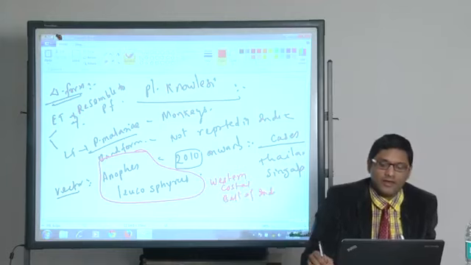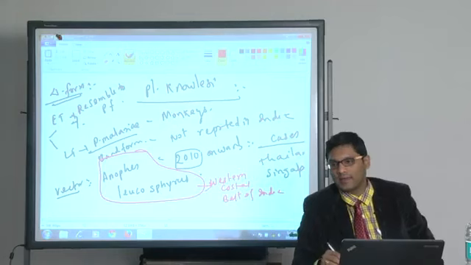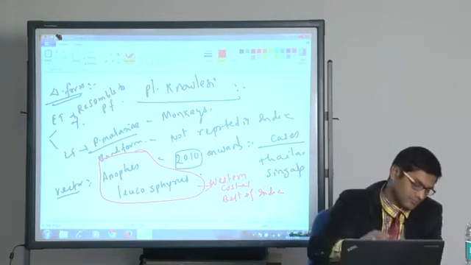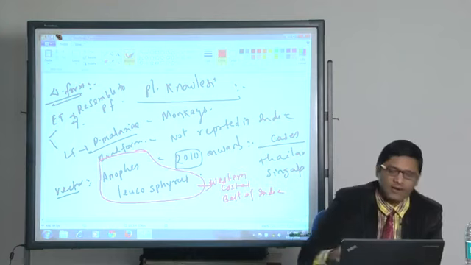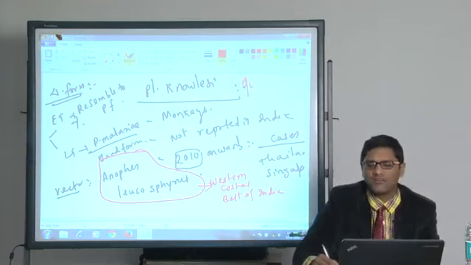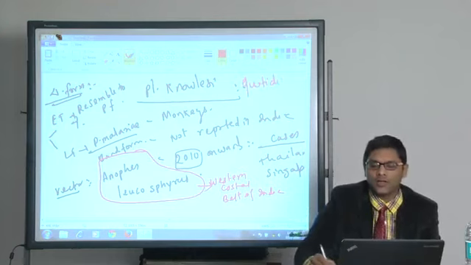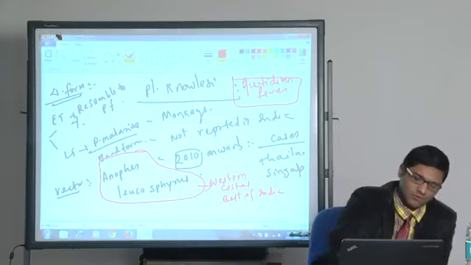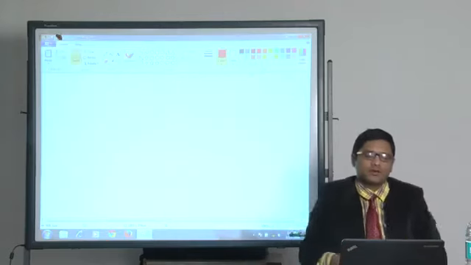So, there is a high probability that we may get Plasmodium knowlesi in the near future. Okay, and of course, the fever pattern is quotidian, every 24 hours. Okay. So, this is all about it.